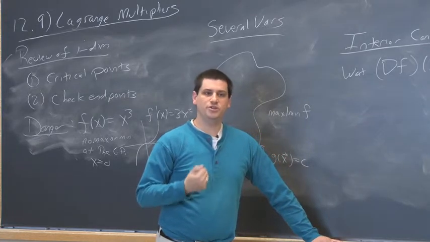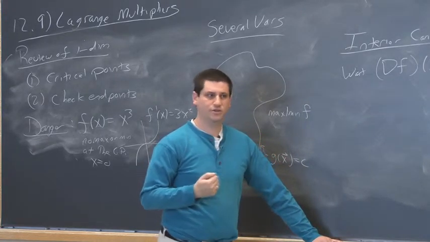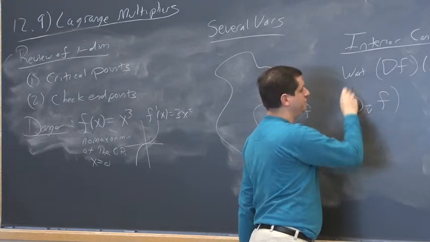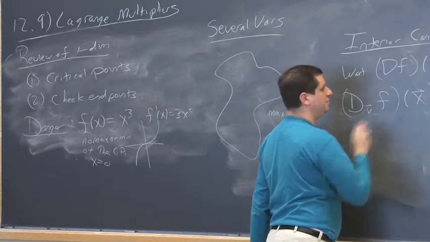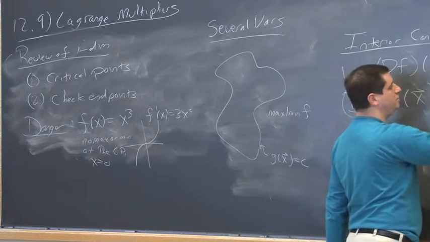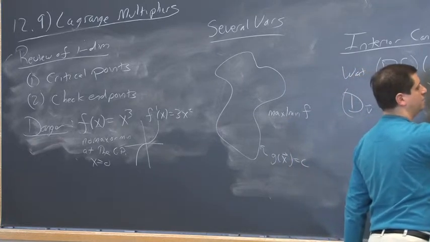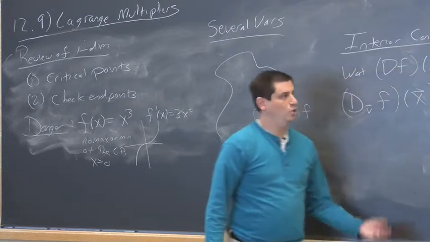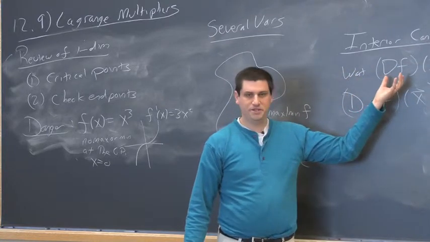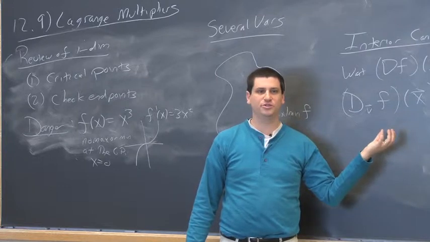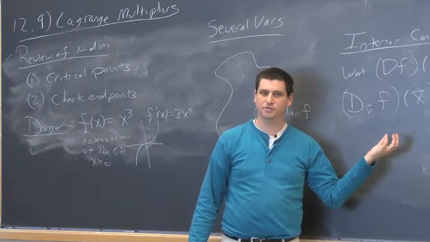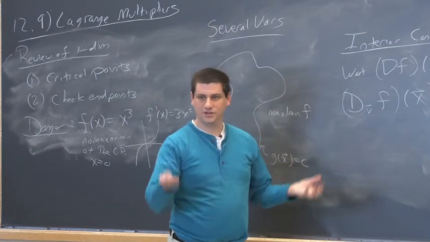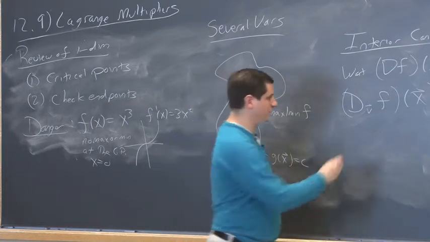There's a nice way we can interpret this now that we've done directional derivatives. The directional derivative of f in the direction of v at x, such lovely notation, is the gradient of f at x dotted with v. Well, if the gradient of f happens to be 0, what's true about all the directional derivatives? So they're all 0.